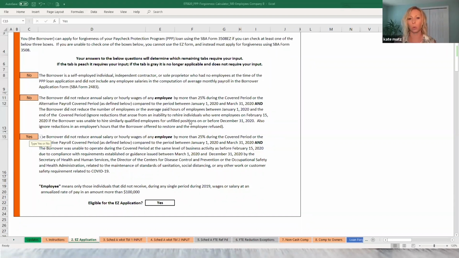So this 25% threshold is looking at the rate of pay. I'm not really sure what's driving the differences in your staff pay. If it's because there's overtime or commissions or things like that, I'd say look back to the base rate of pay for this 25% comparison.